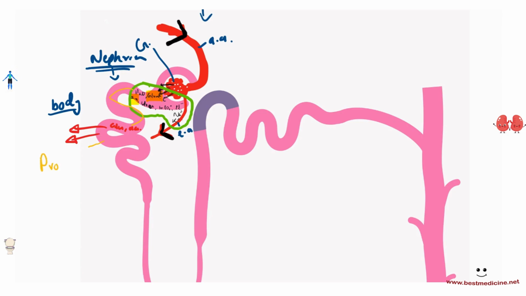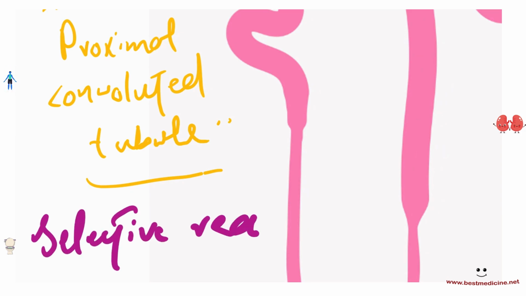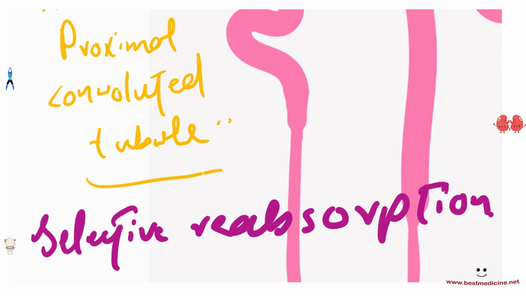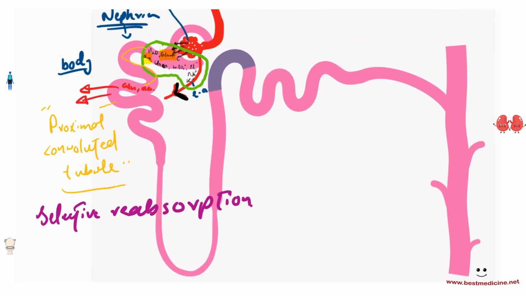So proximal convoluted tubule, where the selective reabsorption of glucose and amino acids occurs. And now the urine will only contain water and urea and other waste products such as excess mineral salts.